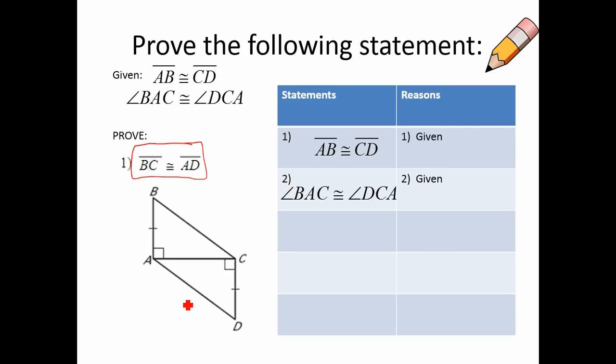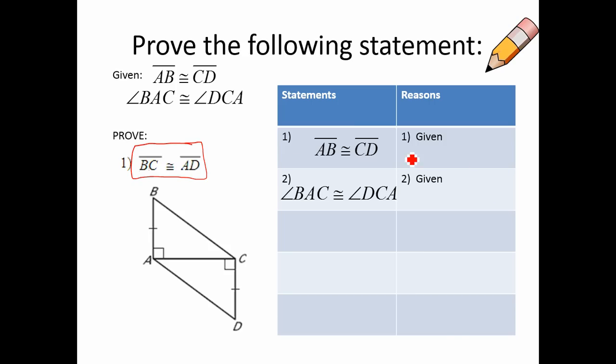We have to write a formal proof with explanation as to why they're congruent. So the fact that BC and AD are both pieces of triangles here, they would be corresponding parts of the two triangles. If we could get the triangles to be congruent to each other, then we would know that we would have corresponding parts.